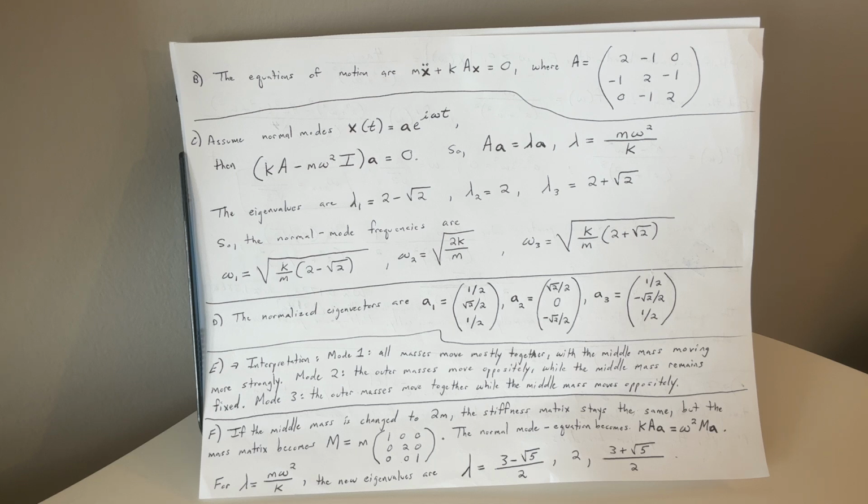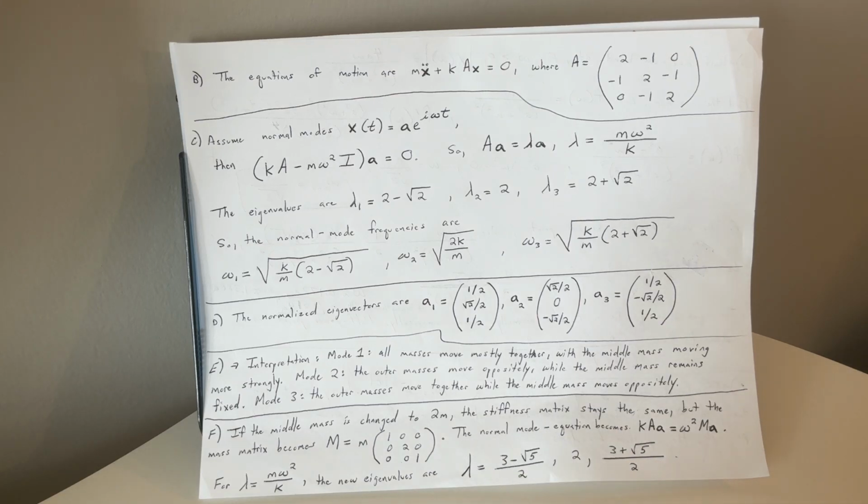And part F, if the middle mass is changed to 2m, the stiffness matrix stays the same, but the mass matrix becomes lowercase m times this matrix: first row 1, 0, 0, second row 0, 2, 0, and third row 0, 0, 1.